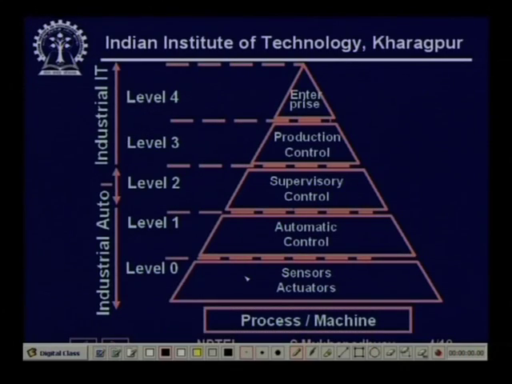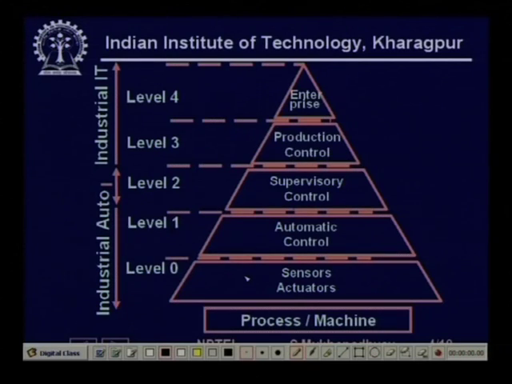Now, at this point I should mention that while these functionalities are necessary for the overall control of a factory, it often turns out that not necessarily all these layers are perfectly automated. What I mean to say is that generally sensors and actuators must be automated, there is equipment for it.